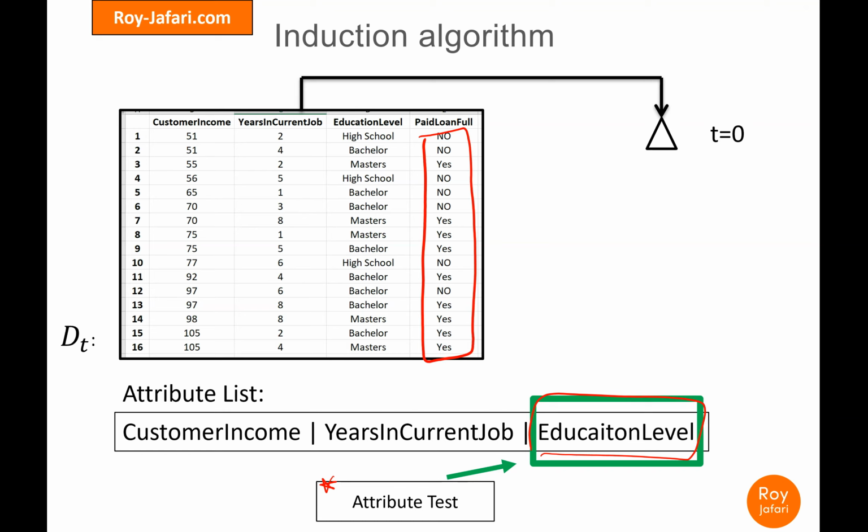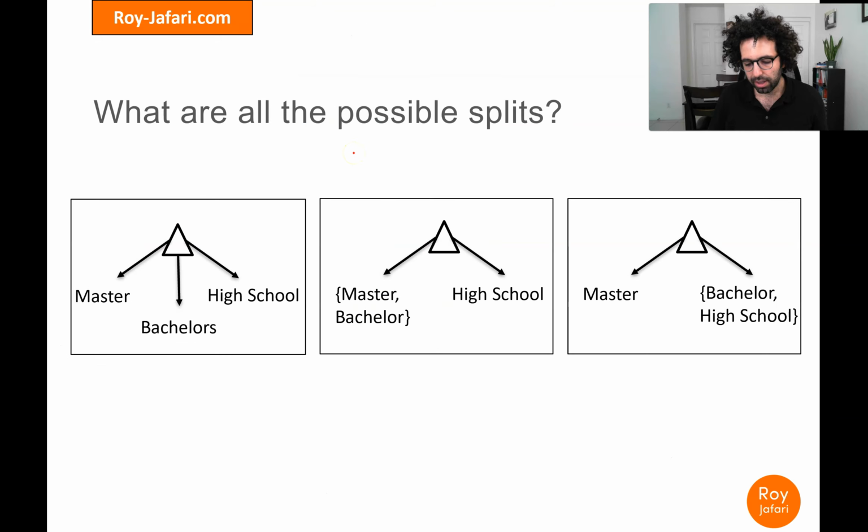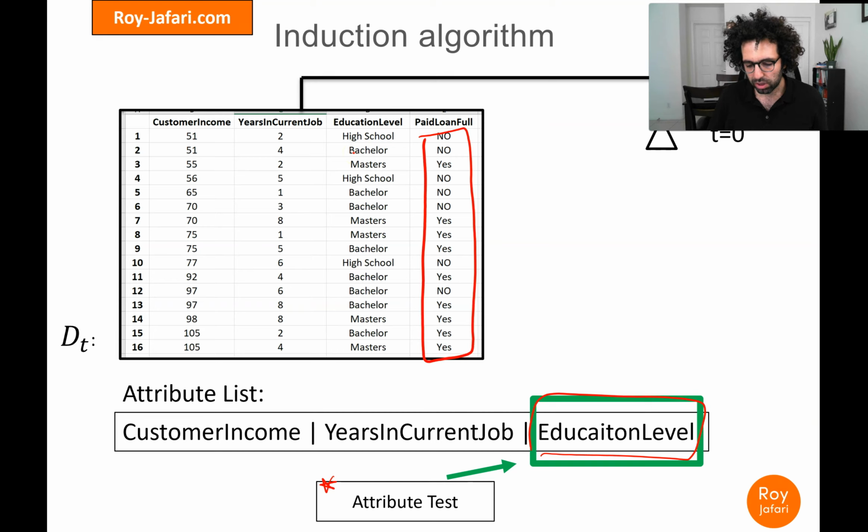There is a mechanism called attribute test that chooses this education level, and we're going to talk about that mechanism. But let's say it's education level, which has 3 possible states: high school, bachelor, or master's. And we have to split it.